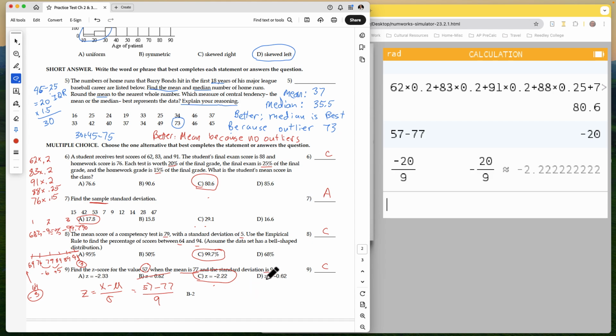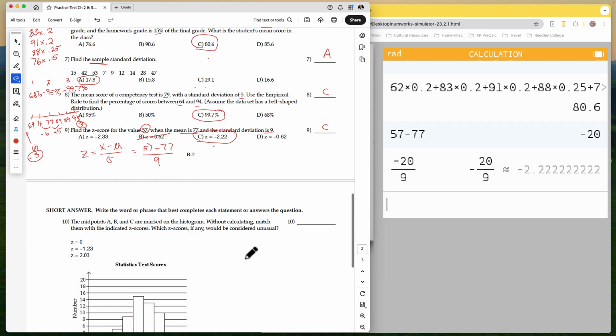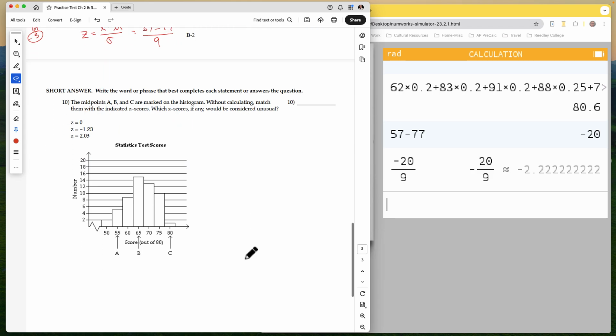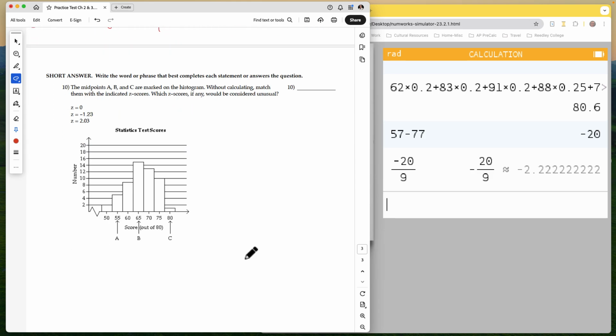Our last question is pretty straightforward. We actually don't even need the calculator for this one. We've got a graph here. Midpoints A, B, and C are marked on the histogram, so they're marking them here without calculating, because really you can't with this that much. Match them with the indicated z-scores.